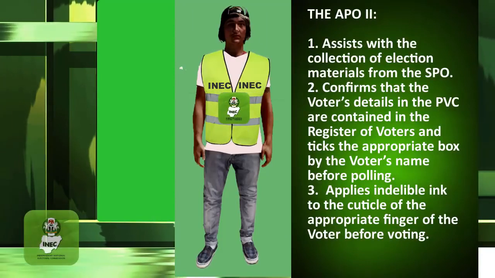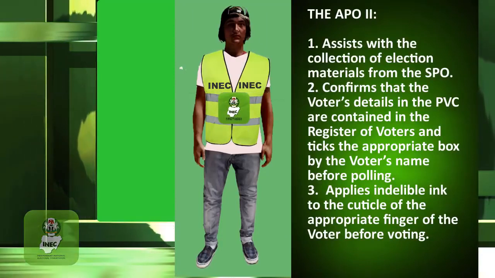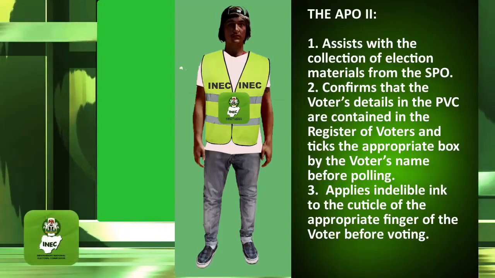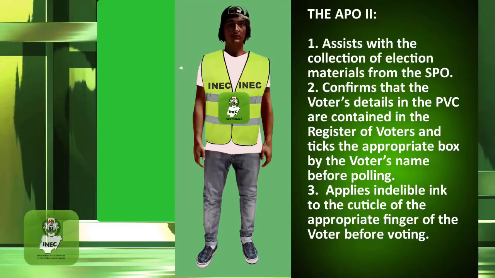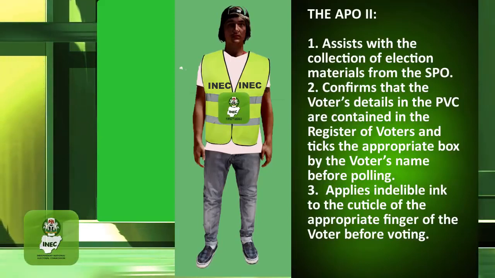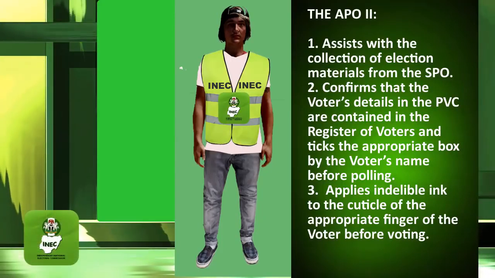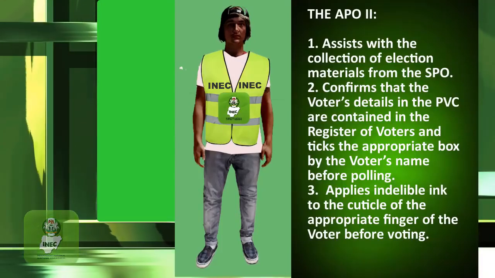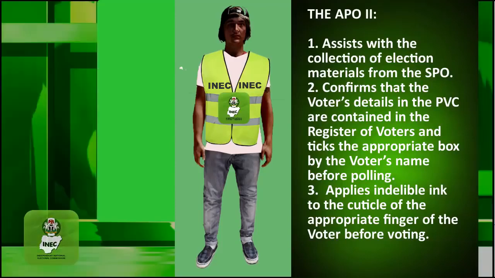The APO2. 1. Assists with the collection of election materials from the SPO. 2. Confirms that the voters' details in the PVC are contained in the register of voters and ticks the appropriate box by the voter's name before polling. 3. Applies indelible ink to the cuticle of the appropriate finger of the voter before voting. 4.